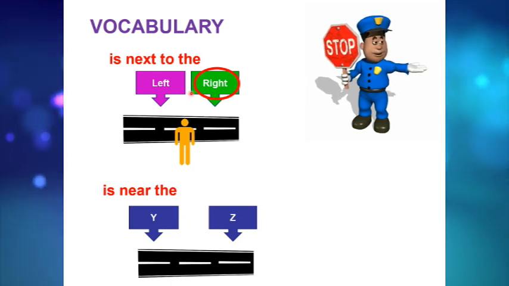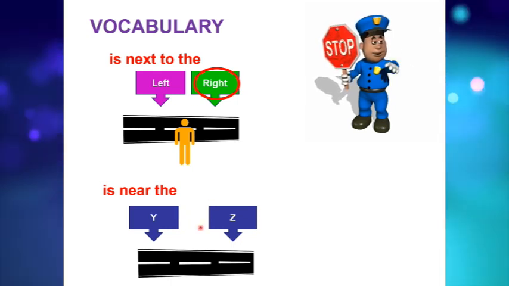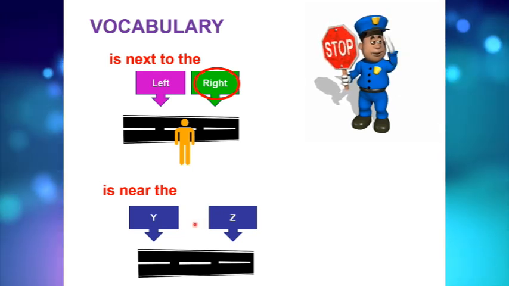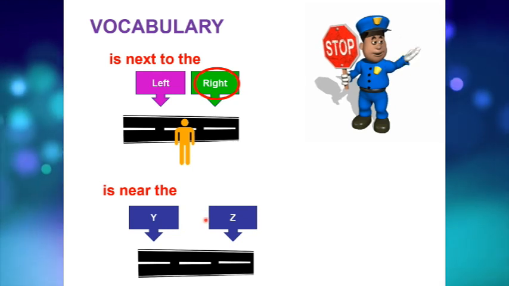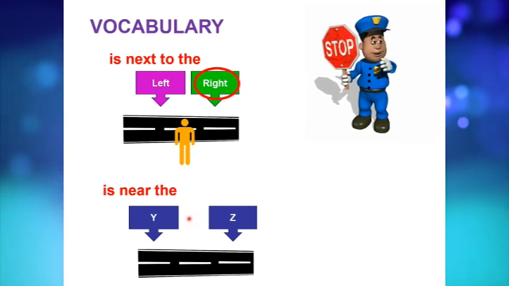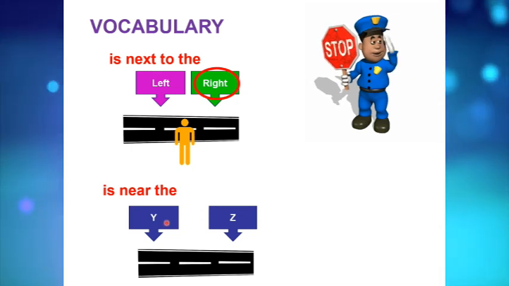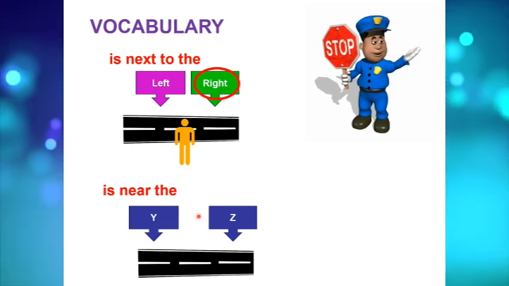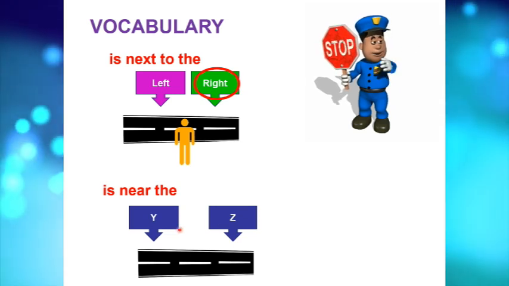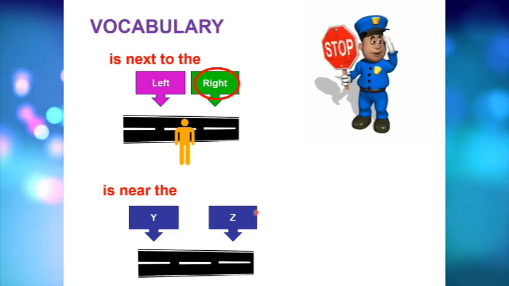This one is very close. The next two are very close, but this one is a bit farther, but it's still close. So we say near the, like building Y is near the building Z, or building Z is near the building Y.